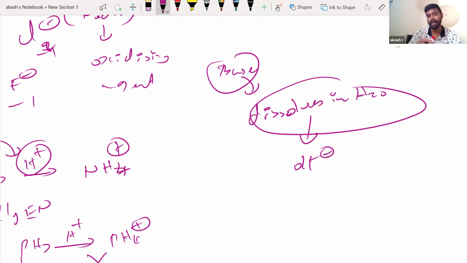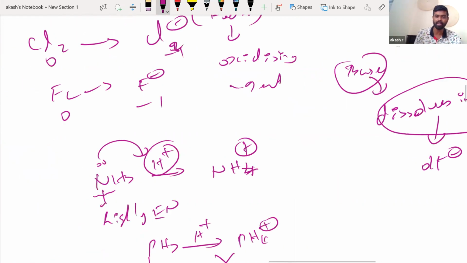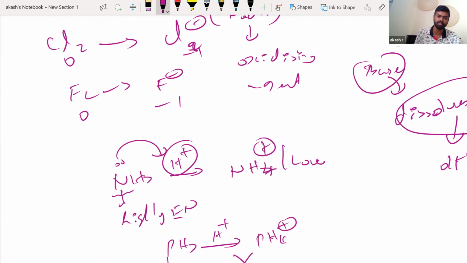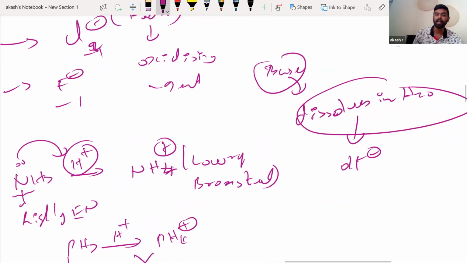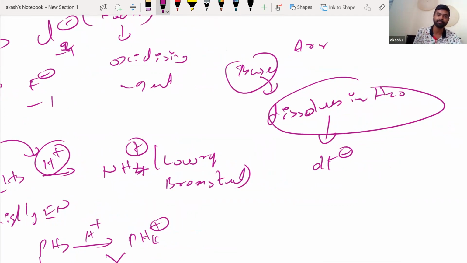But whatever we took here is the Lowry-Bronsted theory: anything which accepts H plus is called a base. Lewis theory is donating a lone pair. And what we're talking about here is Arrhenius theory. There are three different theories which can explain what is an acid and what is a base. Anyways, Arrhenius theory says a base is something which, when dissolved in water, produces OH minus.